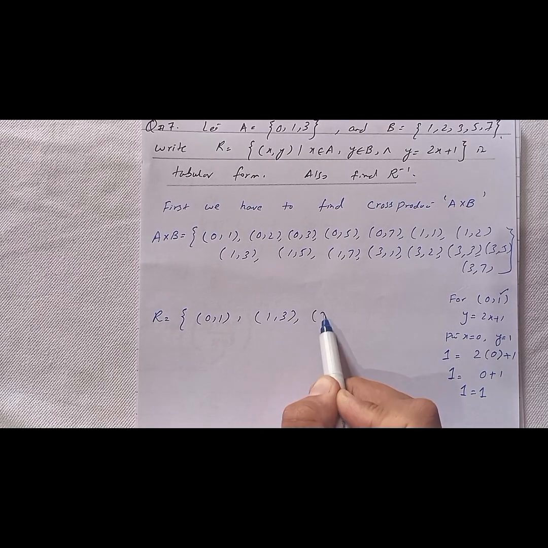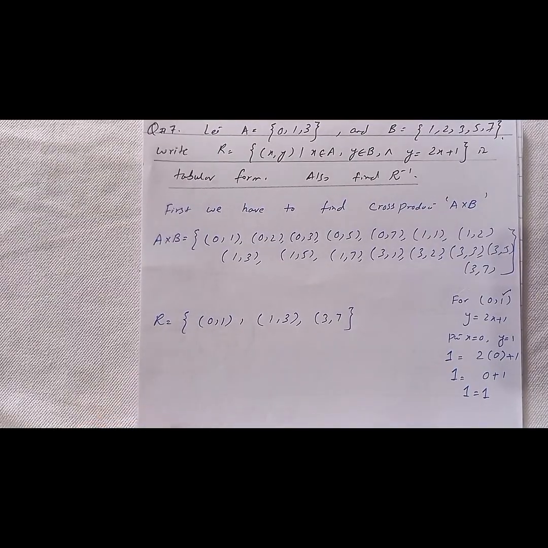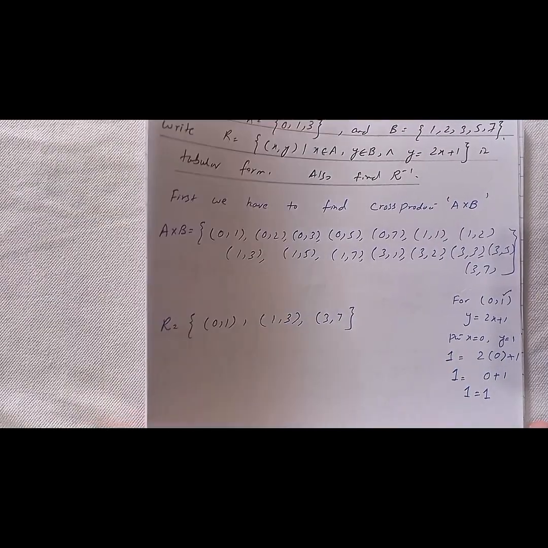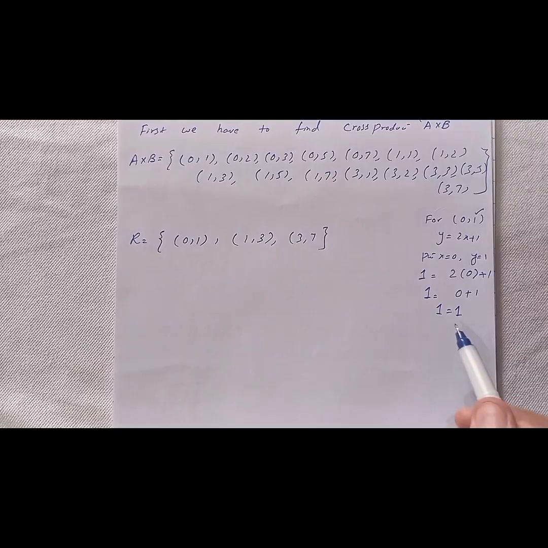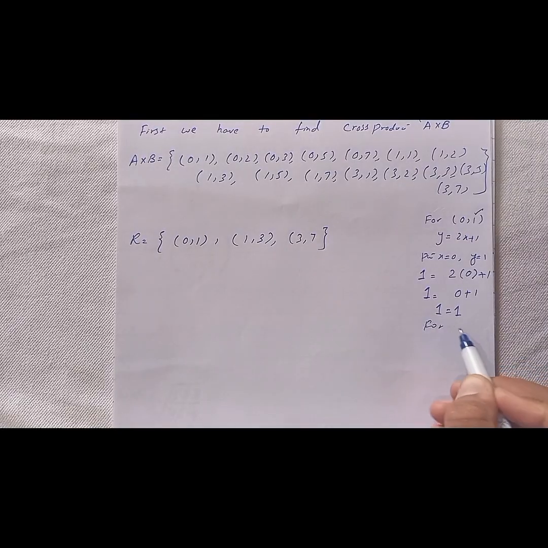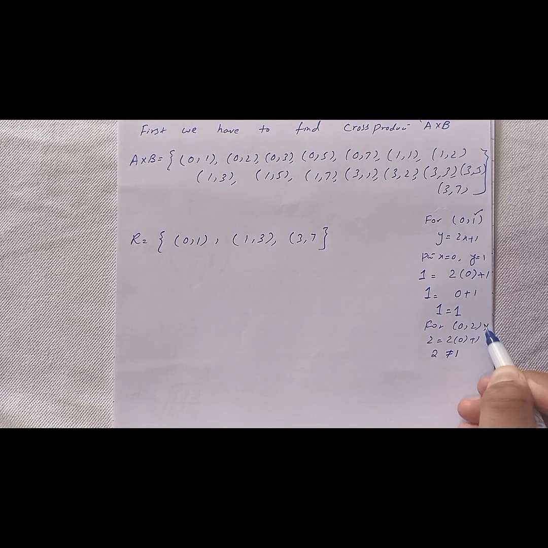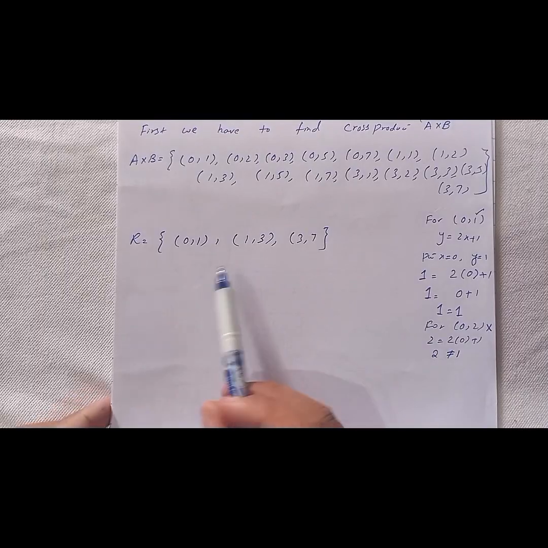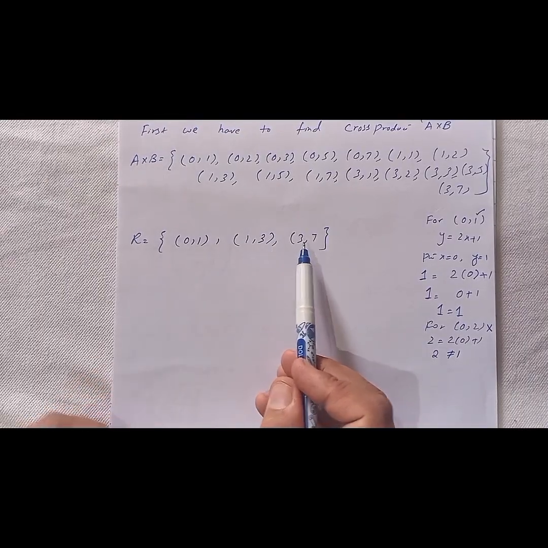So the only ordered pairs that satisfy the equation are (0, 1), (1, 3) and (3, 7). As you can check on (0, 2), it does not satisfy the condition: y equals 2 and x equals 0, and as 2 is not equal to 1, we do not include it in the tabular form of R.